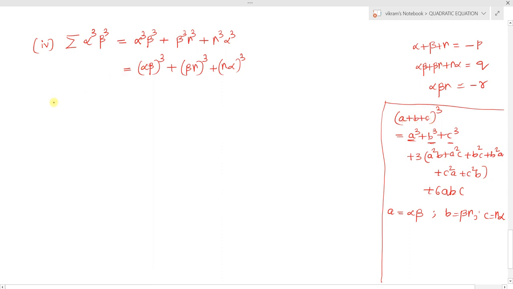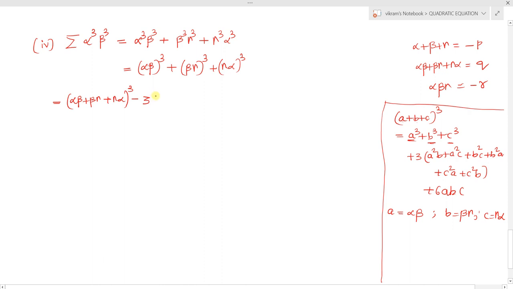Now I am simplifying this as (alpha beta plus beta gamma plus gamma alpha) whole cube minus 3 times of, then we can write this as a square b.